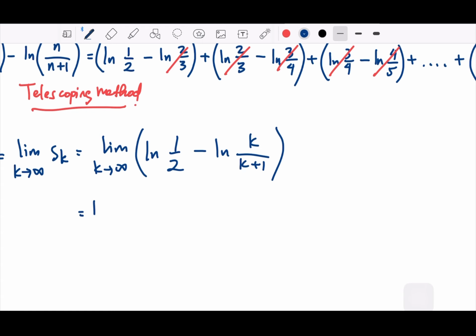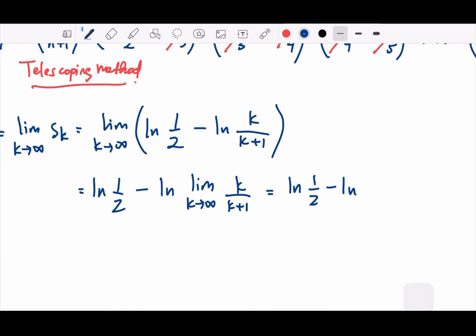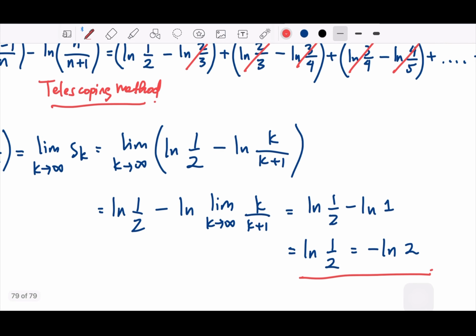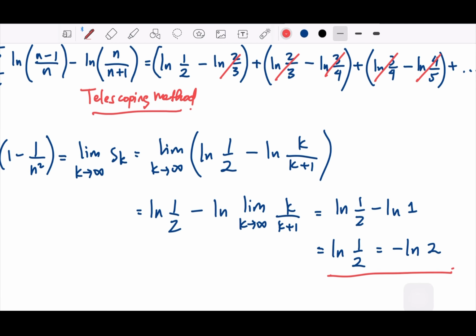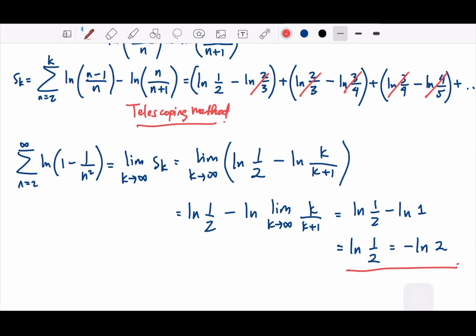Now we can write the limit as minus ln of the limit. Now this limit is 1, right? So we can write down ln half minus ln 1. Or this is just ln half. Or this is a negative ln 2. That's the answer. So this is another way to see how we can solve the series. Okay, so it's called the telescoping method.